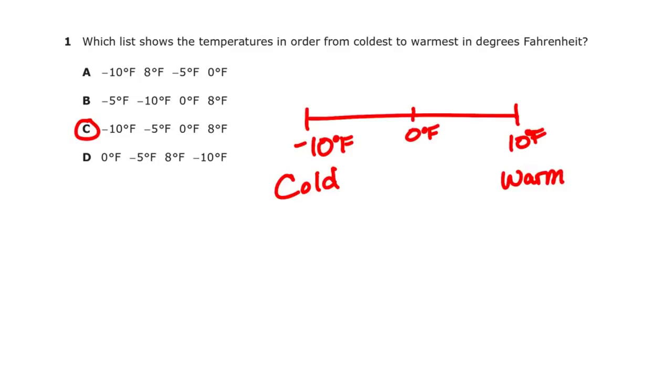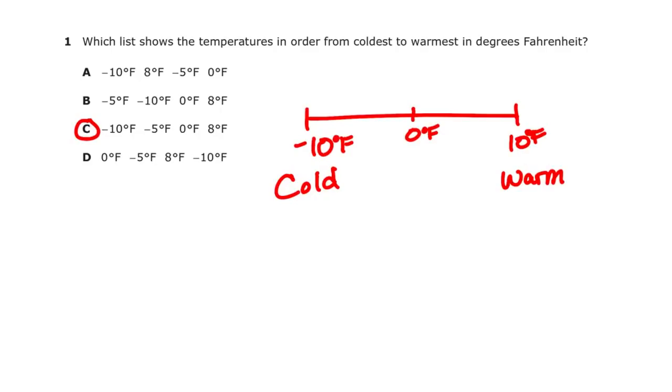So in this case, A doesn't work because it goes -10, then +8, then back down to -5. We can't go negative, positive, negative. B doesn't work because it goes -5, then -10. However, -10, if we're going from coldest to warmest, will come first, then -5, because -10 is further from 0 than -5 is.